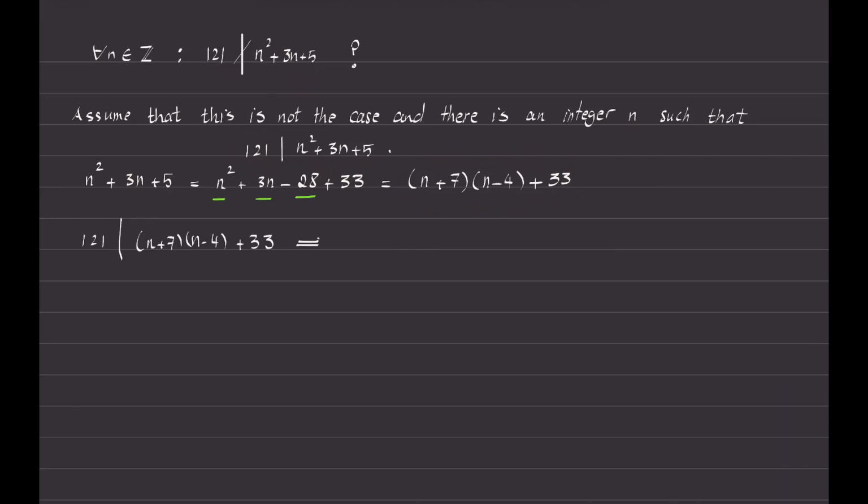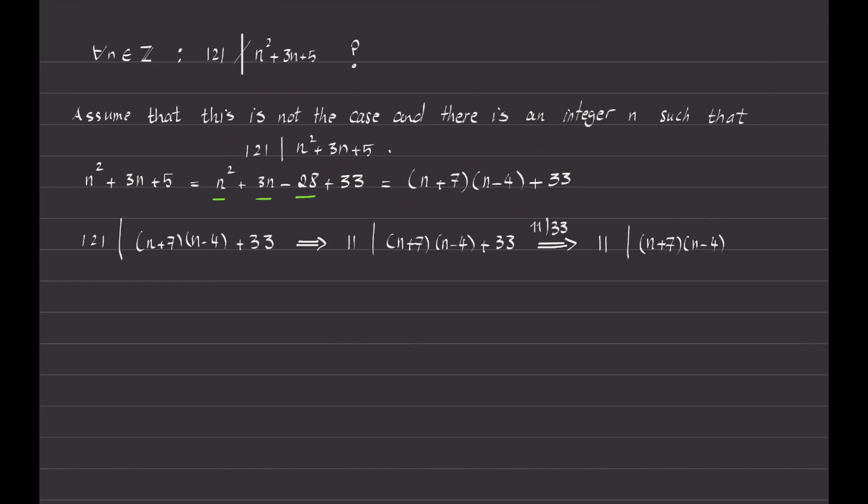So this means that 11 also divides (n plus 7)(n minus 4) plus 33, because if a number is divisible by 121, of course it is also divisible by 11. But because 33 itself is divisible by 11, this means that (n plus 7)(n minus 4) should also be divisible by 11.